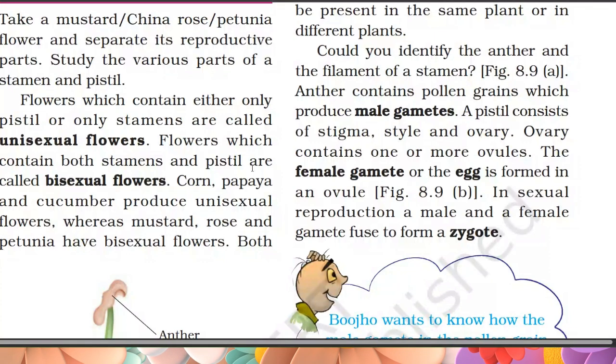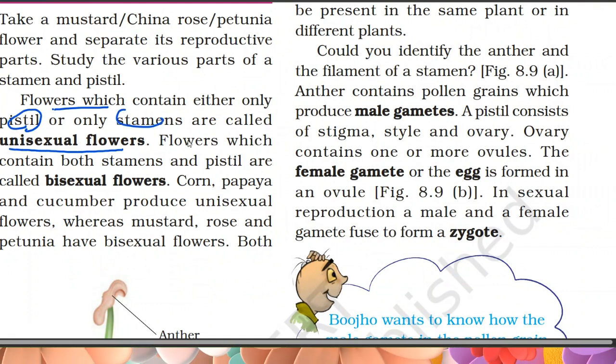When a flower contains either pistil or stamen, it is called a unisexual flower. Flowers which contain both the stamen and pistil are called bisexual flowers.